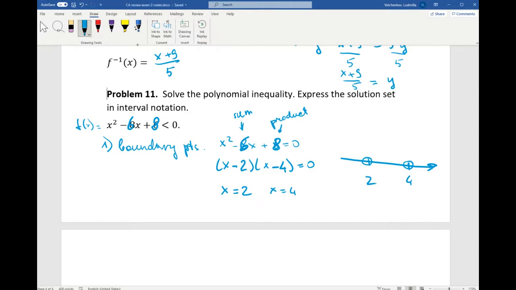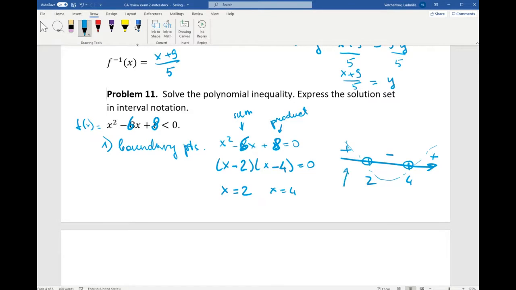And then we must determine the signs on each interval. Here there is a trick with the quadratic function. You know how the graph of quadratic function goes? Yes, like this. So the value of f of x is negative in between the points and positive to the left and to the right. You can also find f of x at every interval.